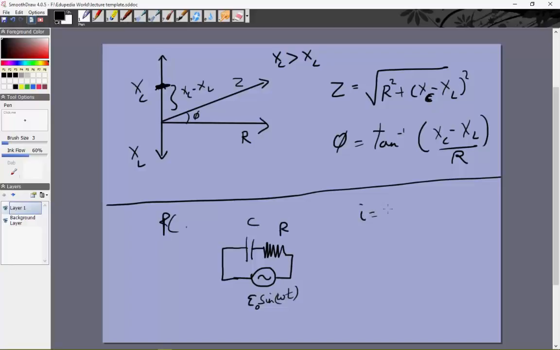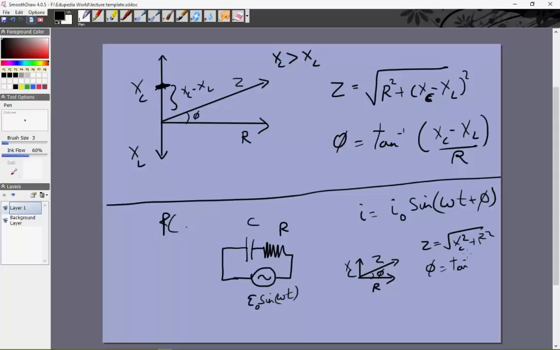We know that I will be of the form I0 sine omega t plus phi. All we need to do is calculate I0 and phi. So we'll write the reactance of both of them. R will give me a reactance like this, XC will give me a reactance like this. Add them up, it will give me net Z and phi. Z will be equal to root of, we just did this all now, plus R squared.